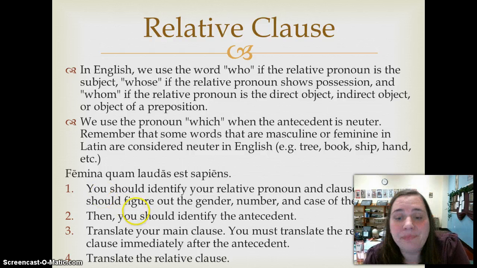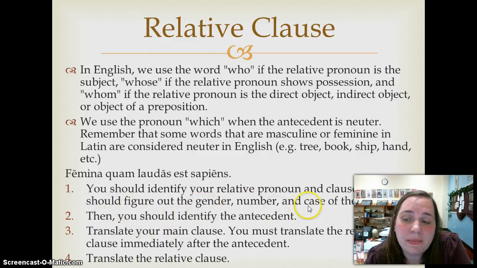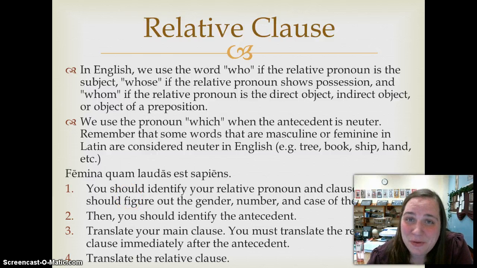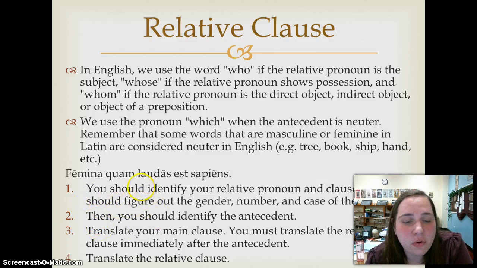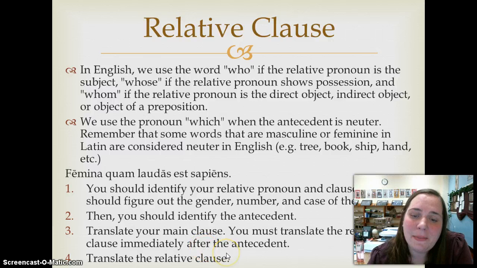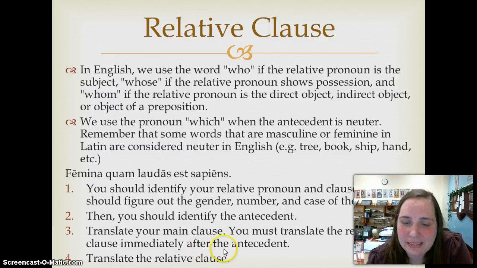From there, you should figure out the gender, number, and case of your pronoun because that's going to help you find your antecedent. Step 2, you find your antecedent. In step 3, I have you translate everything but the subordinate clause, the relative clause, figure out what the main sentence says. And then step 4, you translate the relative clause immediately after your antecedent.